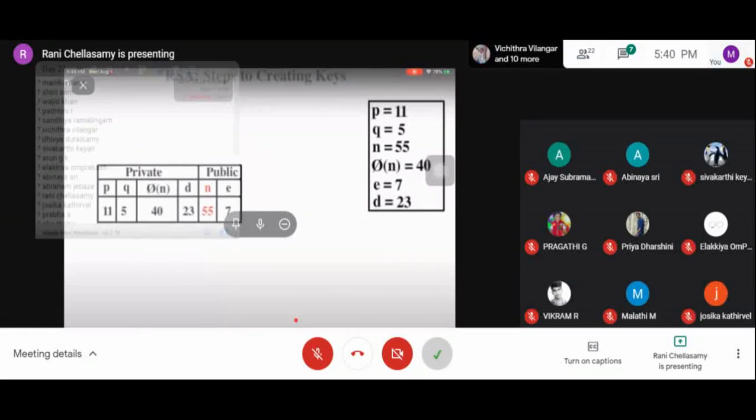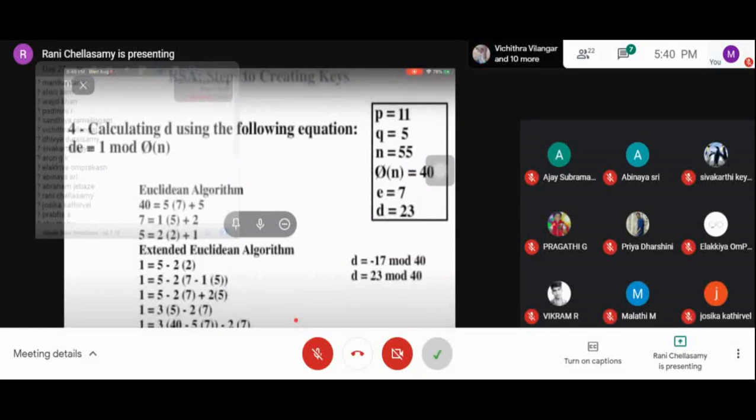The important number is in front of your encryption key, that is 7, and you have minus 17. If this was a positive number, this would be our decryption key. But because we are getting a negative number, we can go for calculating d equals.